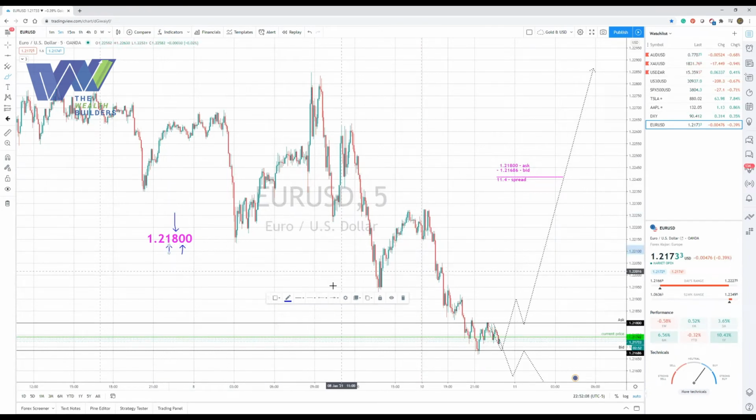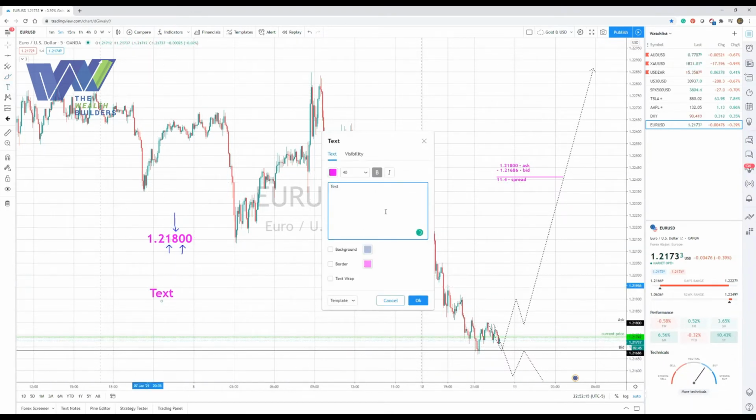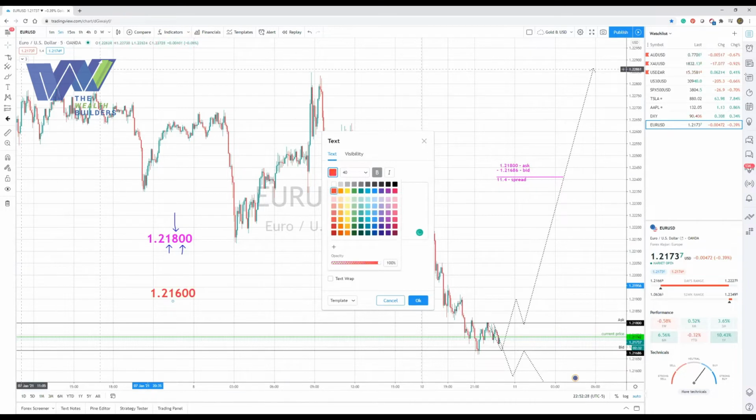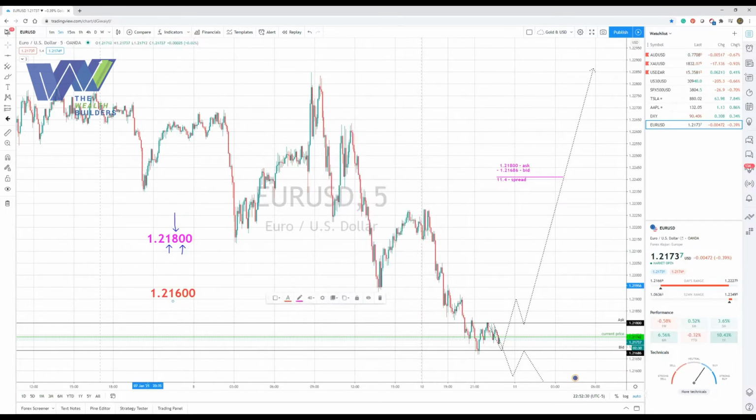All right. And so if we wanted to catch 20 pips going down, we would want to put in a sell, and we would want to get it down to 1.216, because like I said, we can make money no matter what direction the price is going. All right. So catching 20 pips for this particular pair means price would go from 1.218 down to 1.216. So this is the ones, the tens, and the 100s.